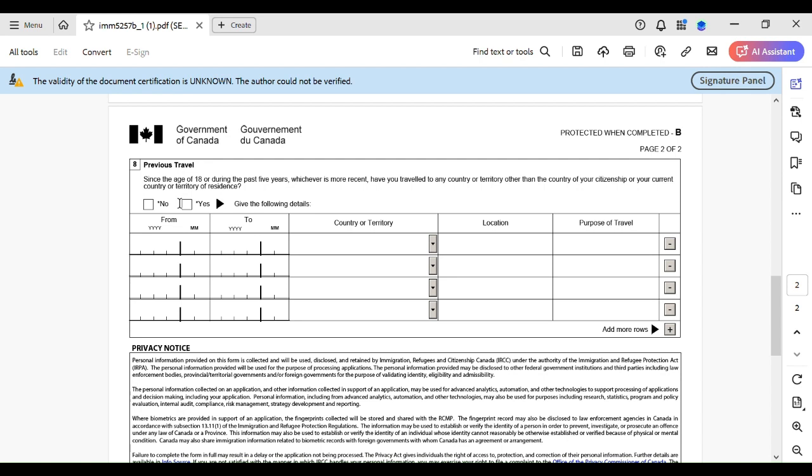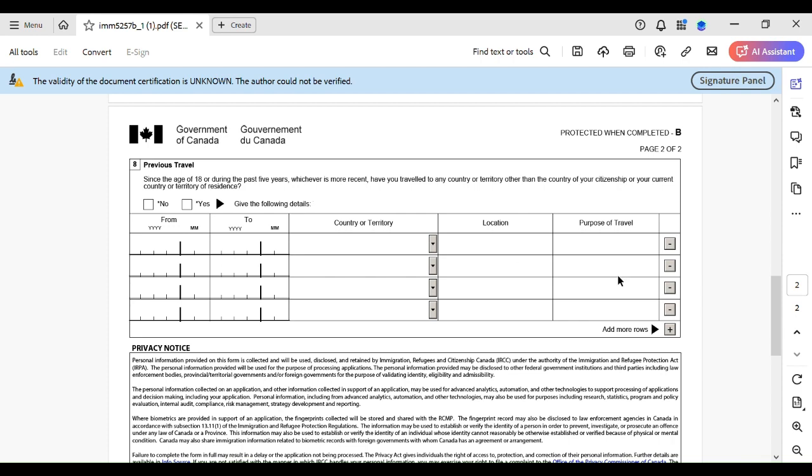That is a different issue, but otherwise previous travel will play a good role. Having previous travel will increase the possibility of your study permit. But you also have a good possibility if your studentship is strong. Even if you don't have any previous travel, it doesn't mean that you must have previous travel to have the visa. That is not what I'm saying. I think you understand my point.